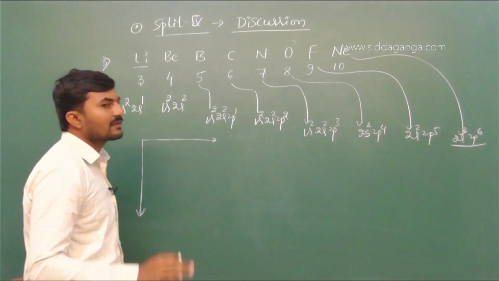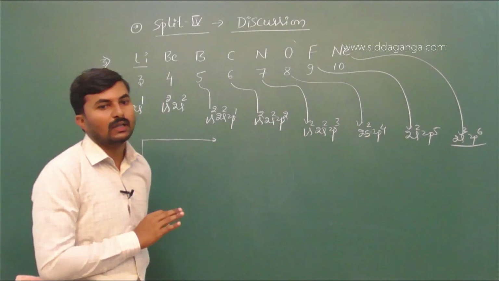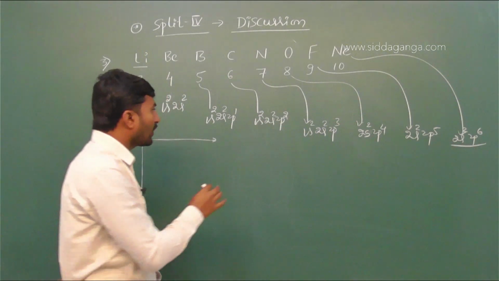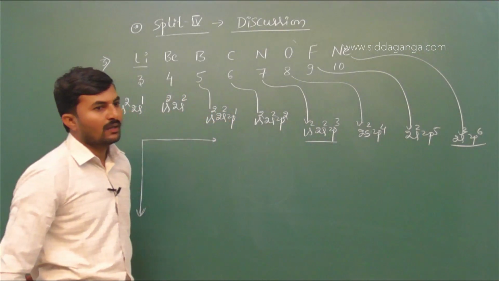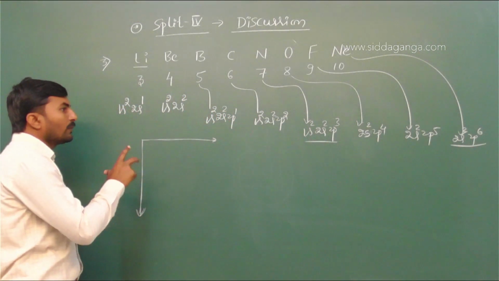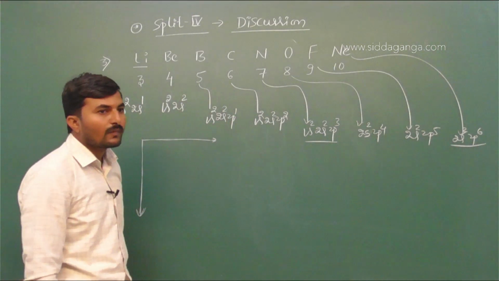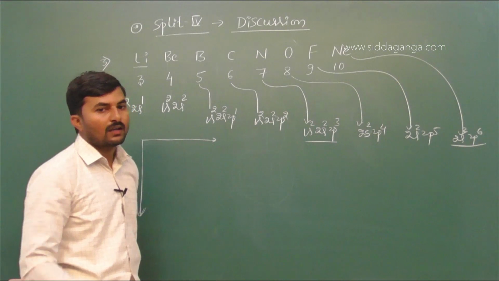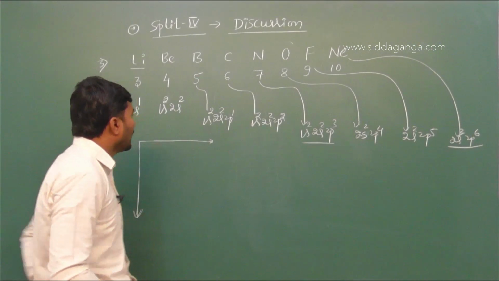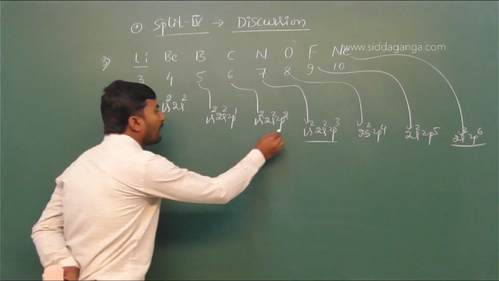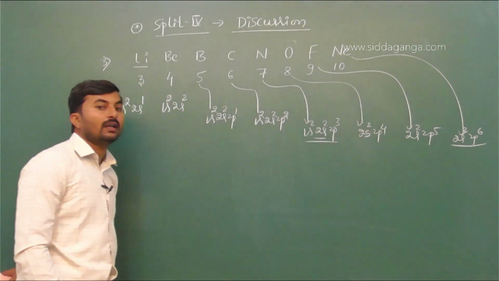But this trend is not common for all the elements. There are some dissimilarities with respect to the electronic configuration of the elements. Why? Because according to the general concept, as we move along the period, ionization enthalpy should increase, but there is no common trend because of the half filled and completely filled configurations.